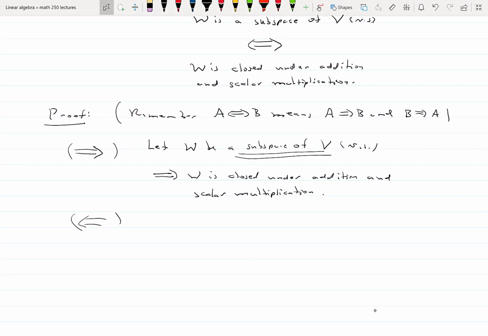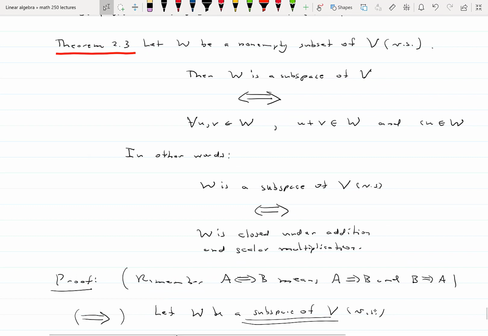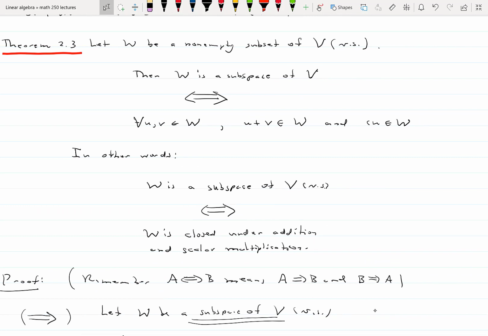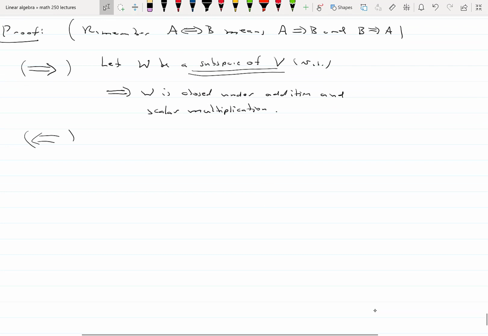The reverse direction says that if we have closure under addition and scalar multiplication, then W forms a subspace. Okay, so let's let W be a non-empty subset, not subspace.